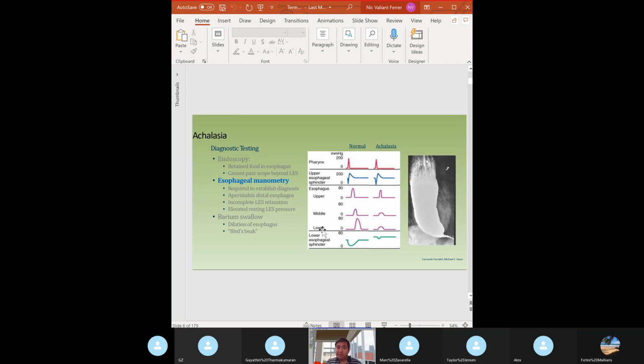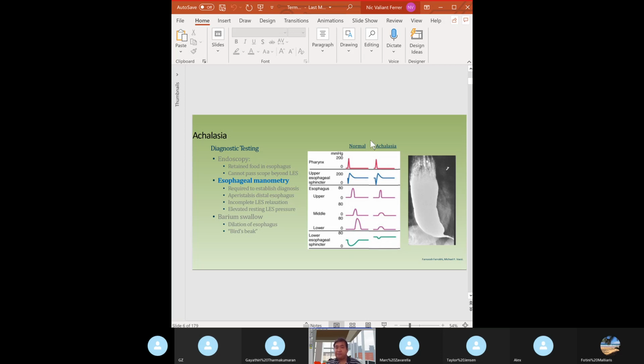Look at the lower one. In the normal patient, the lower esophageal sphincter pressure is increased, right? What happens now to achalasia? Achalasia is decreased, correct? And then look at the lower esophageal sphincter. You have much lower pressure in a normal patient than achalasia, so it's less than, okay?